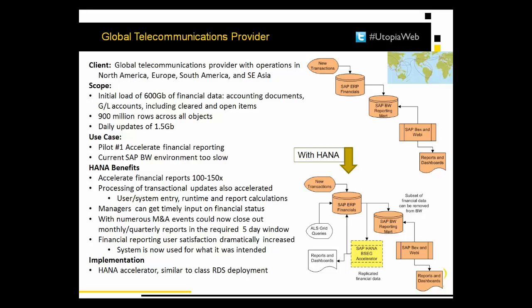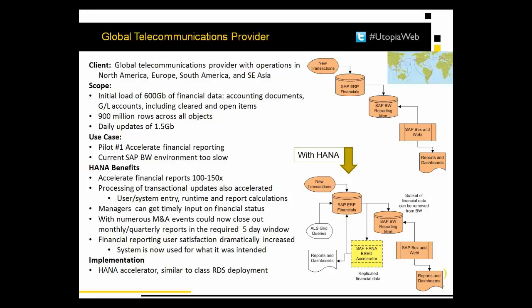And so for them, for some BW reports, it was taking anywhere between 3 and 10 hours to run them. It was a lot of data. And it was seriously impacting their ability to close out their monthly and quarterly financial reports in the required 5-day window. Especially for quarterly reports, you hear about the infamous 5-day window.